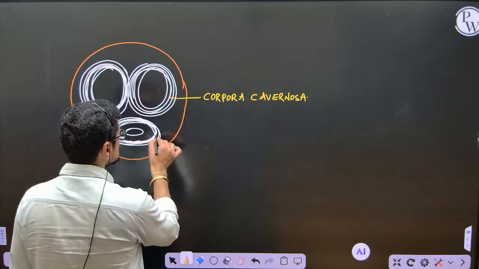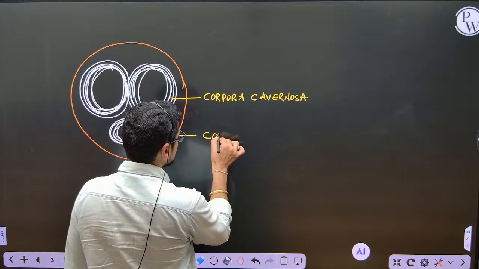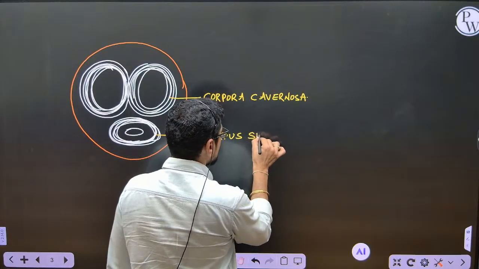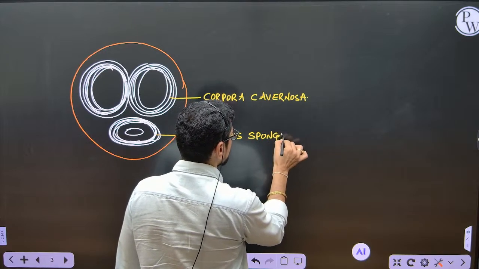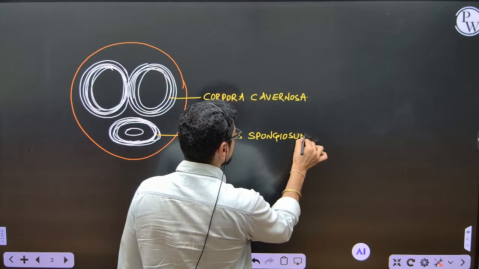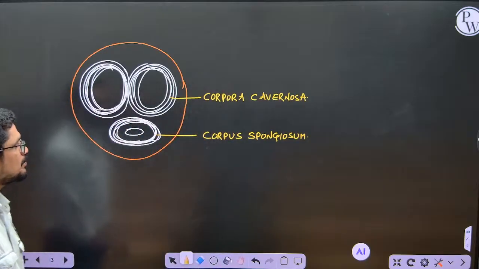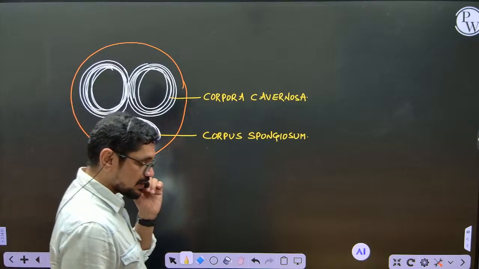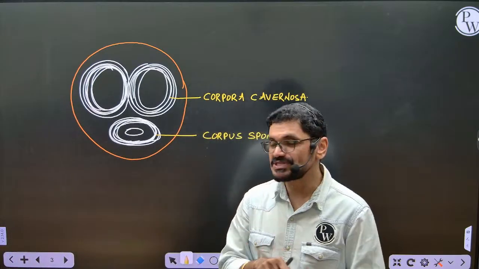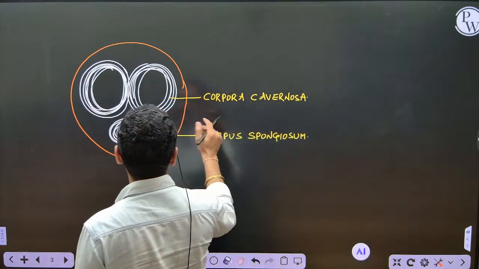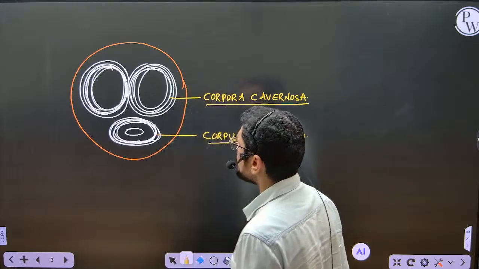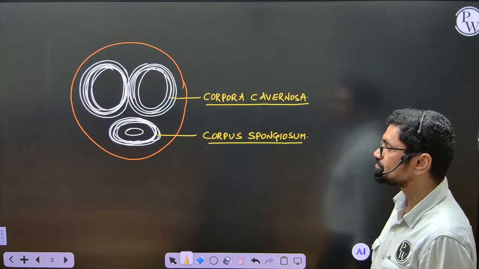Corpora cavernosa. And what is this one? This is called corpus spongiosum, singular. Corpora cavernosa is one tissue. Corpus spongiosum is one tissue. Am I clear?